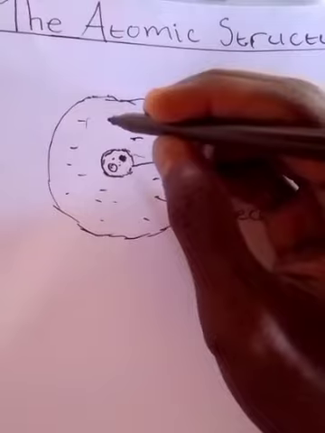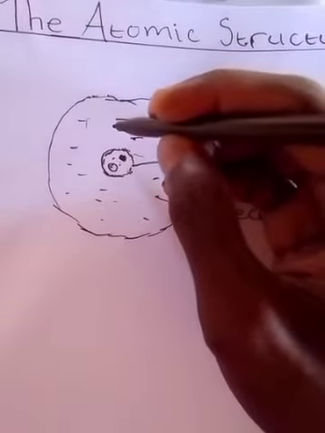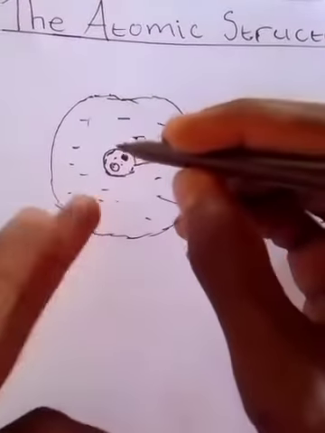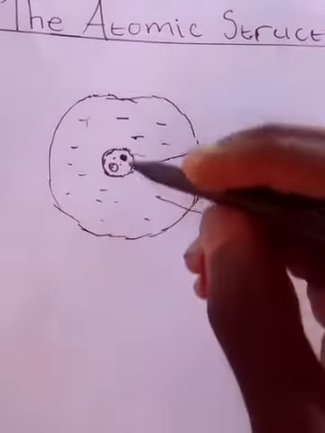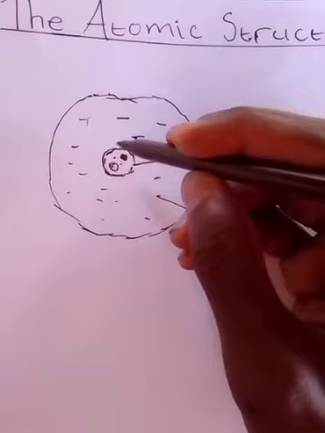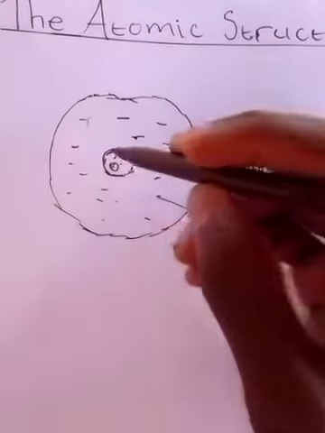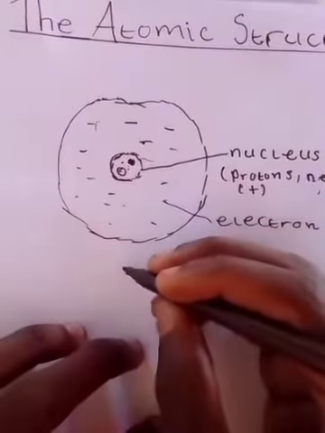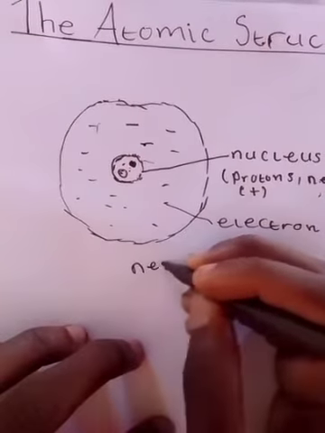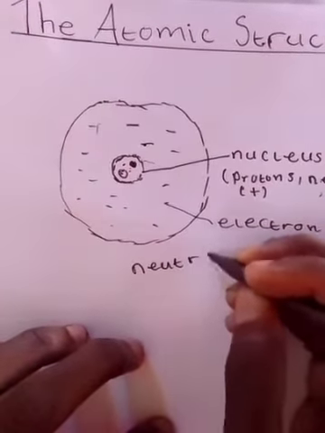So what I'm trying to say is that if an atom hasn't lost any electron, it means that the number of protons and electrons are the same, and that kind of atom is what we call a neutral atom.